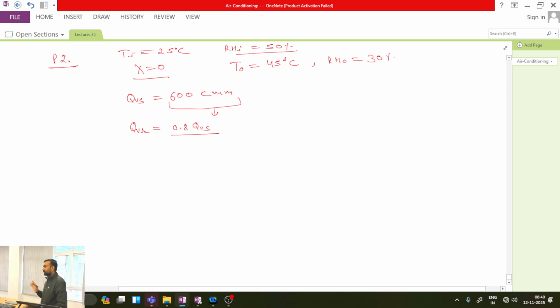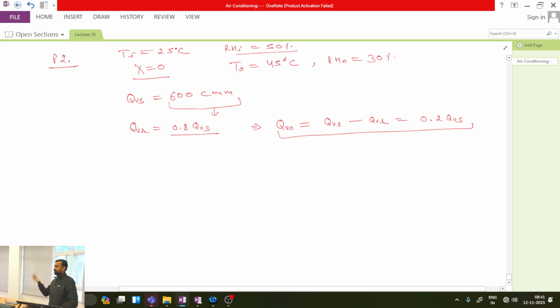Is this one clear? It is clearly given in the question how much we are recirculating. This other information is not given in the question, but from this we can simply say that QV0, the volumetric flow rate of air taken from the ambient, must be equal to QVS minus QVR, which is 0.2 times QVS.